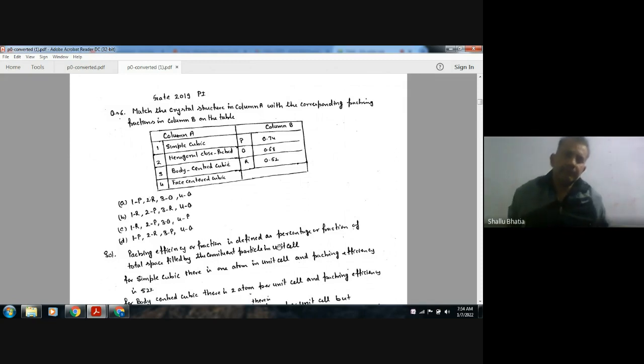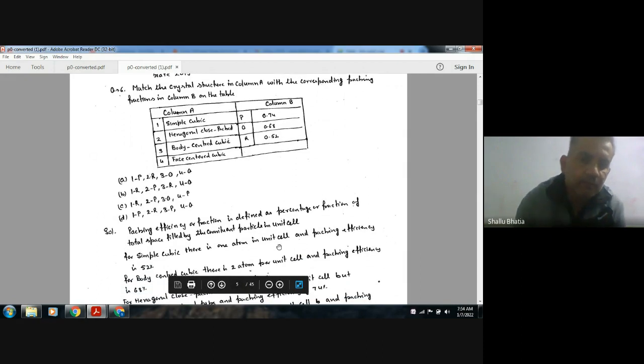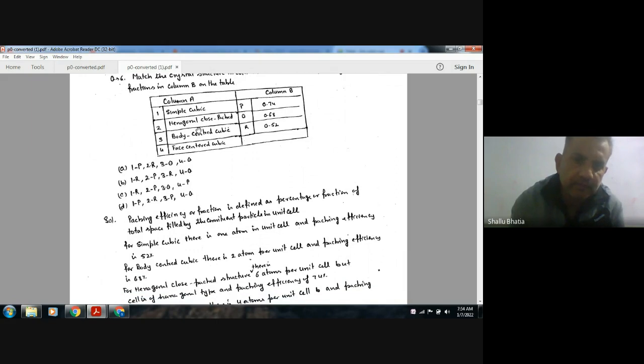Column B: P 0.74, Q 0.68, R void factor. So here, simple cubic, the packing efficiency, let us read out and match them.